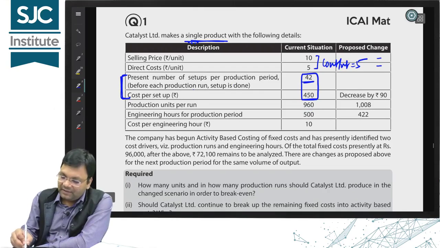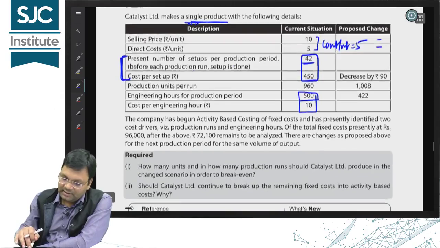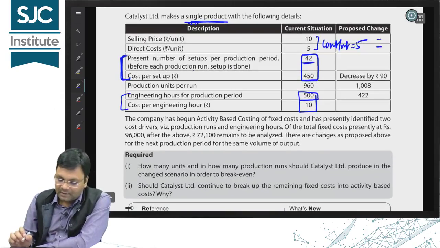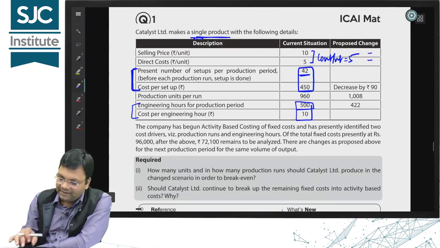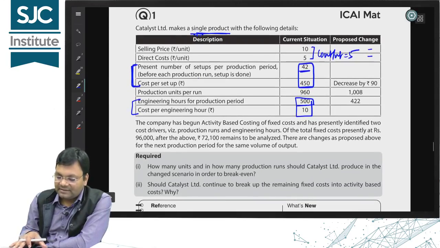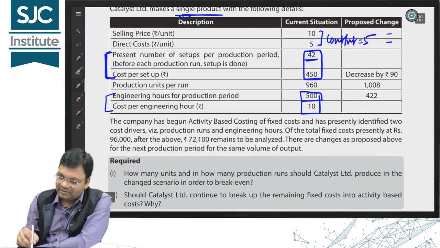Then engineering hours for the period is 500 and cost per hour is 10. So these two give me another cost, the engineering cost. Now the company has begun activity based costing of fixed costs, and has presently identified two cost drivers, production run and engineering hours.